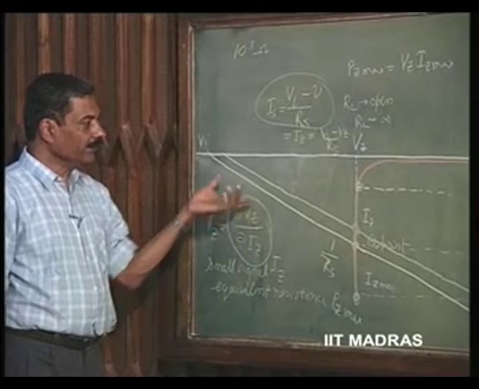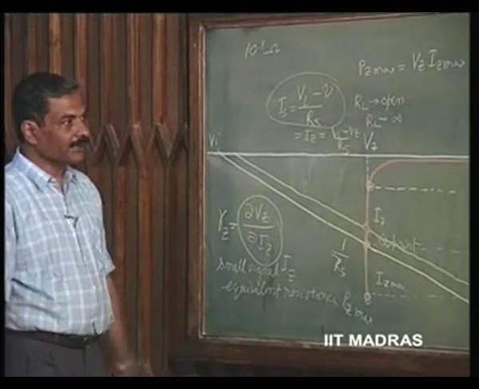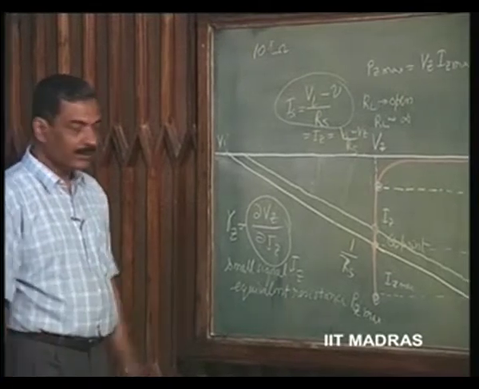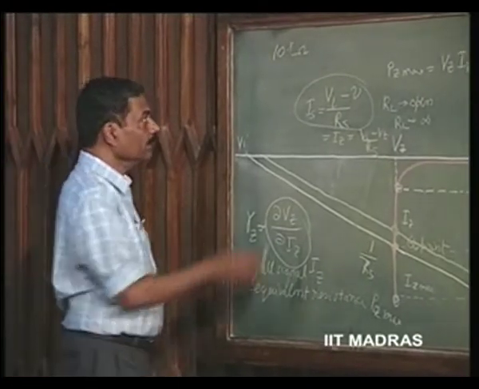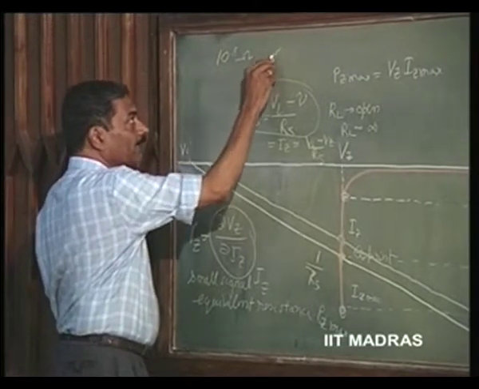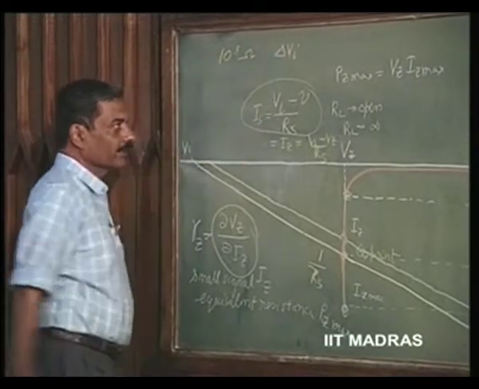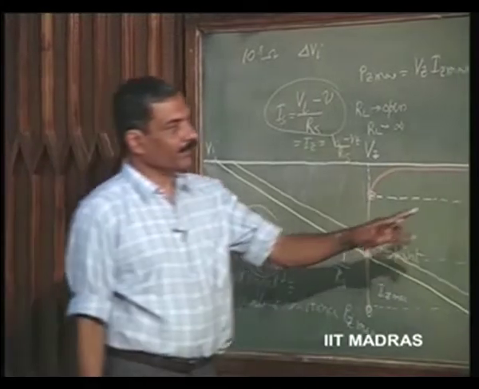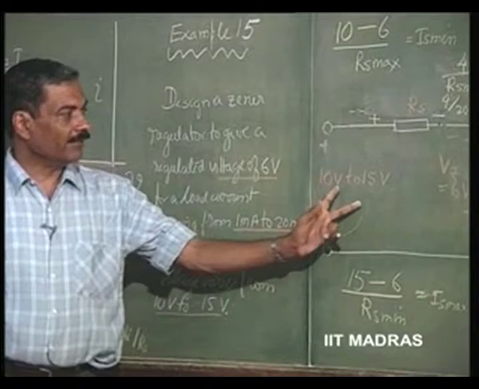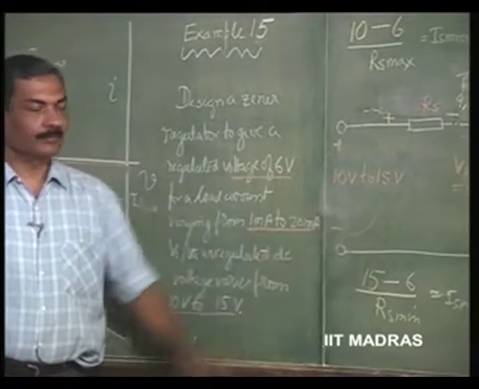Now, what is the change? If you are interested in change, I told you, you can replace the whole circuit only for changes in terms of the equivalent circuit. So, let us say that this is the change delta V I that is occurring. Change in voltage is from 10 volts to 15 volts. So, delta V I is 5 volts.